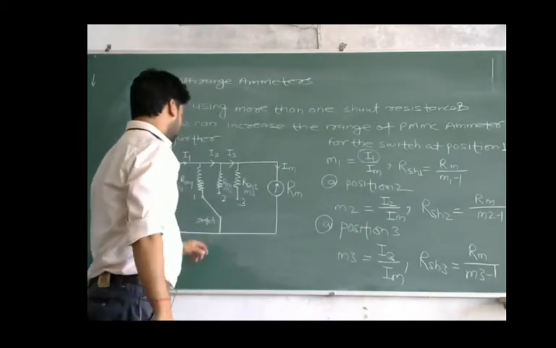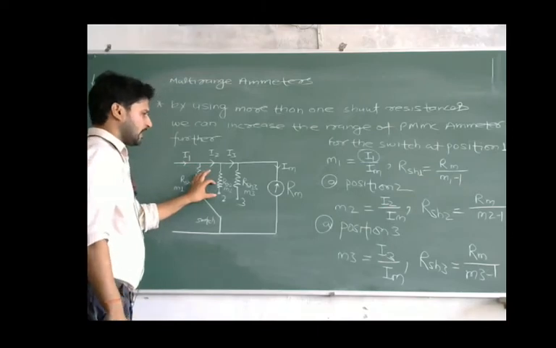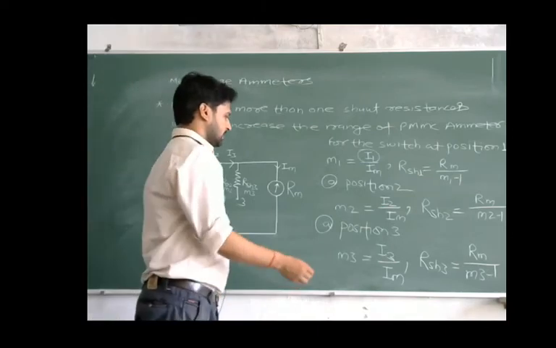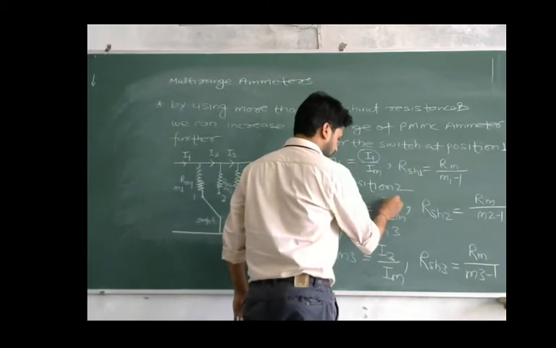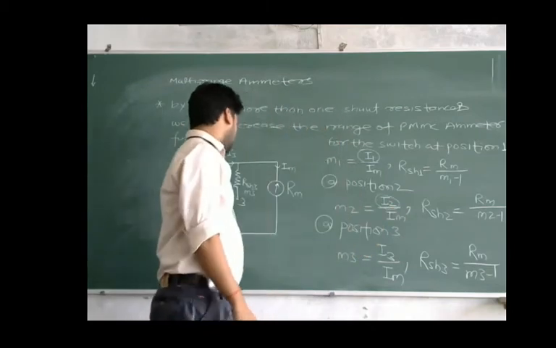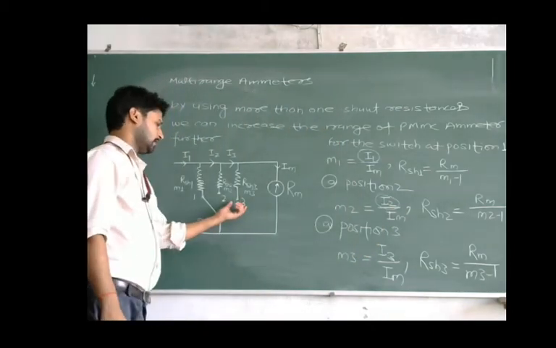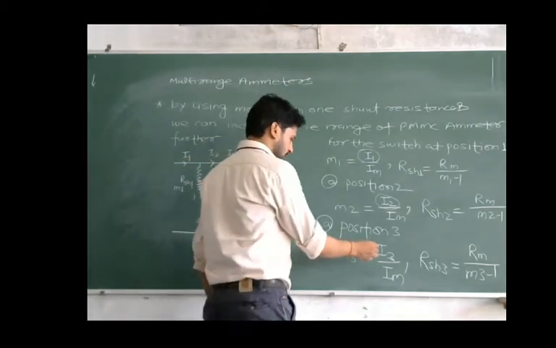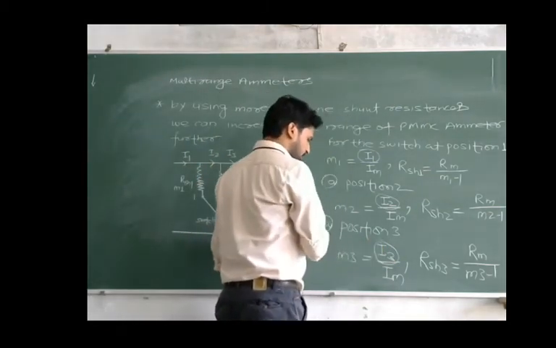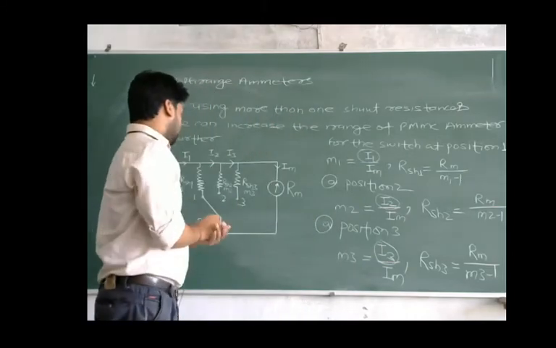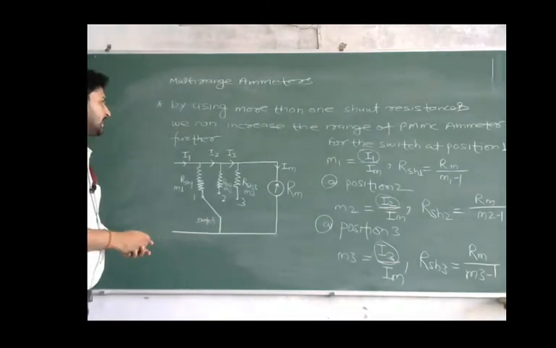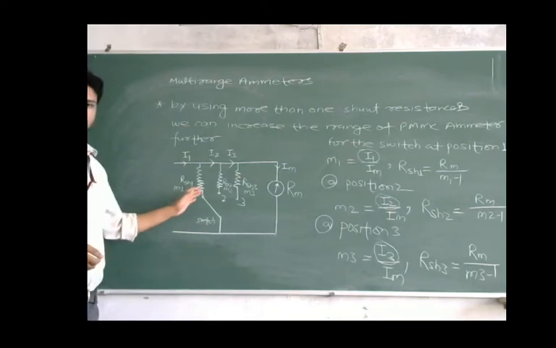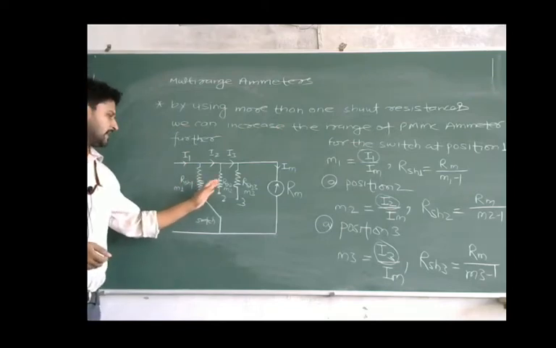By selecting position 2, the maximum current that can be measured is I2, and after selecting position 3, the maximum current that can be measured is I3. So we can design a multi-range ammeter by using multiple resistances in shunt.